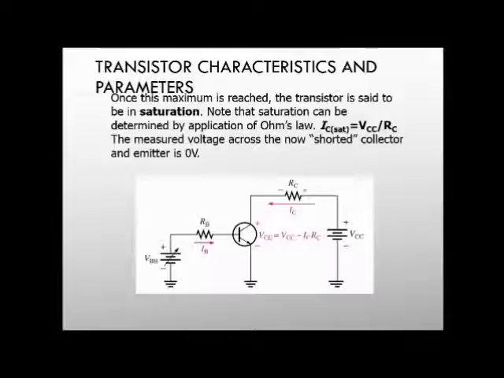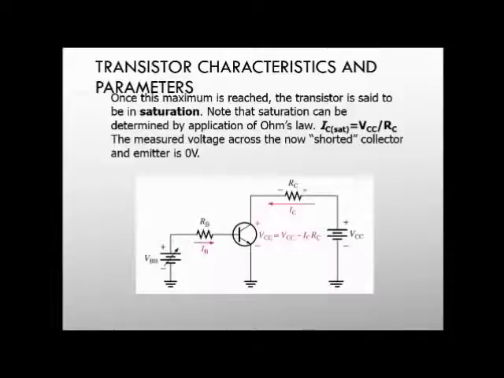You can calculate the saturation state by the application of Ohm's law. When the transistor has reached this region, we can apply Ohm's law and calculate the IC saturation current, and that will be given by VCC by the total resistance, that is RC.